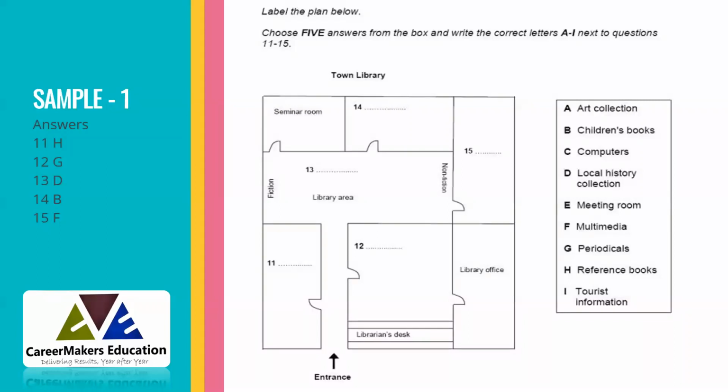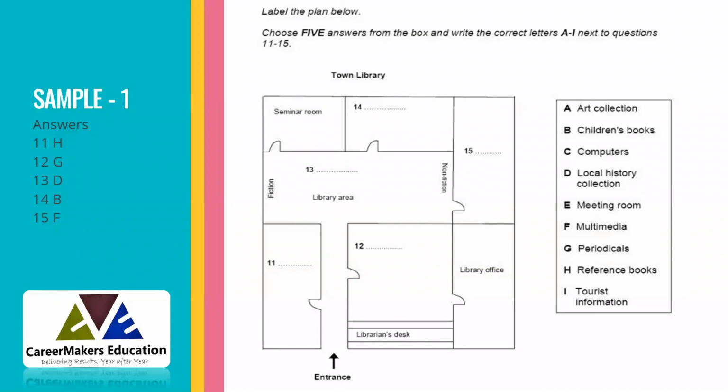So there was some twisting part on the 13th one. The correct answer was local history collection for the 13th one. Okay, clear? Now let's have a look at the second listening for this topic.